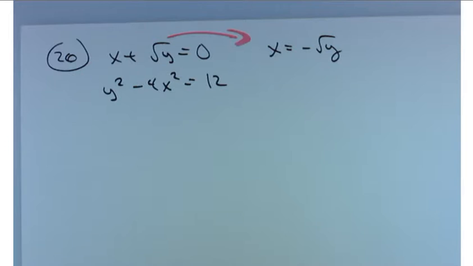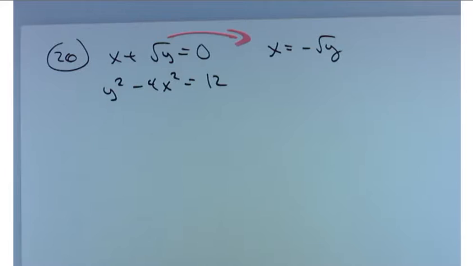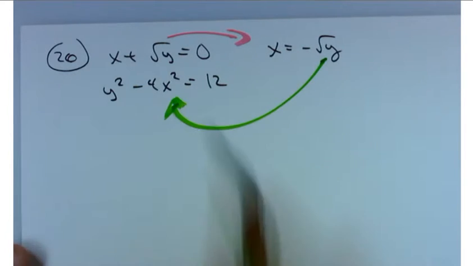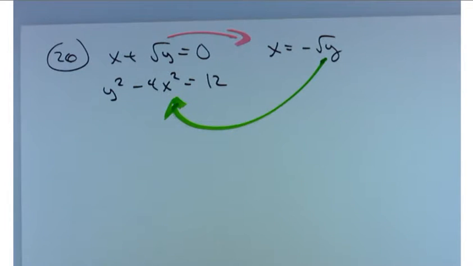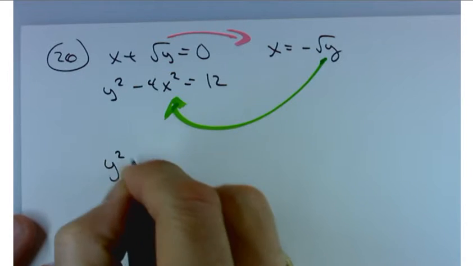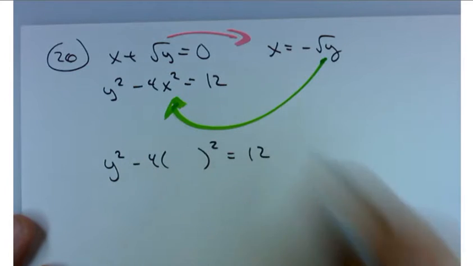Now what would we do? What method are we heading towards? Substitution or addition? Substitution. So we know what x is. Let's take that expression and substitute it into the other equation. So take that value here and substitute it in here. So we'll get y squared minus 4 times something squared equals 12.